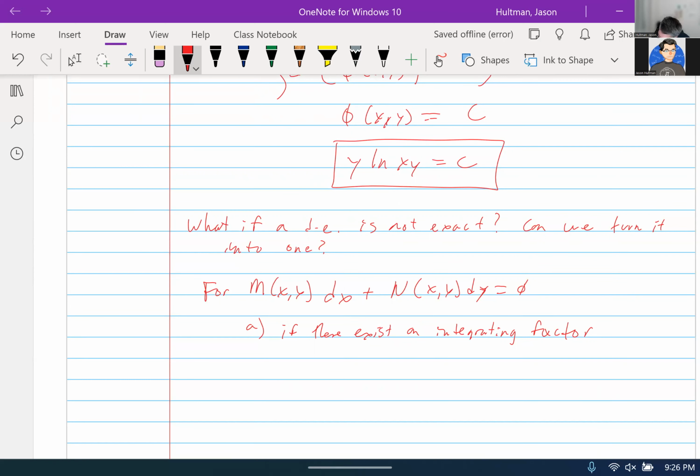that depends on x if and only if the partial of M with respect to y, minus N_x, the partial with respect to x, over N is equal to some function of x, where f of x is a function of x only.